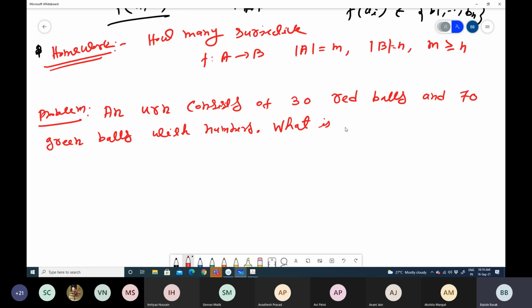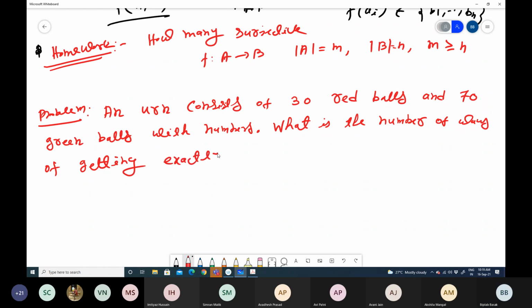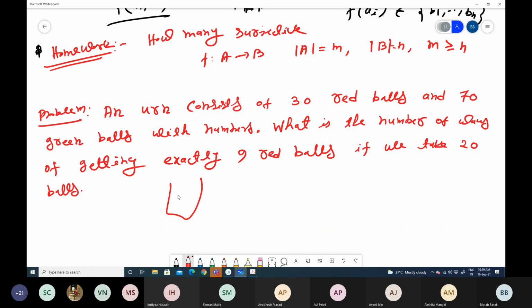Now what is the number of ways of getting exactly 9 red balls if we draw 20 balls? So this is 30 and this is 70.